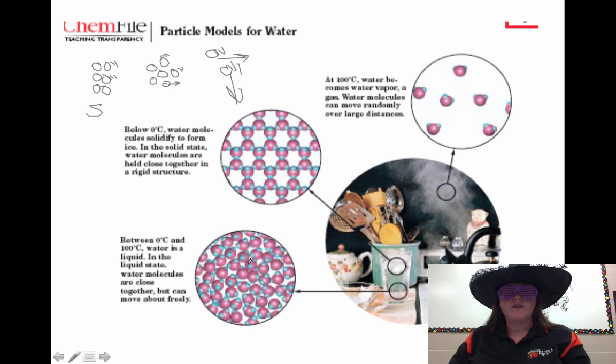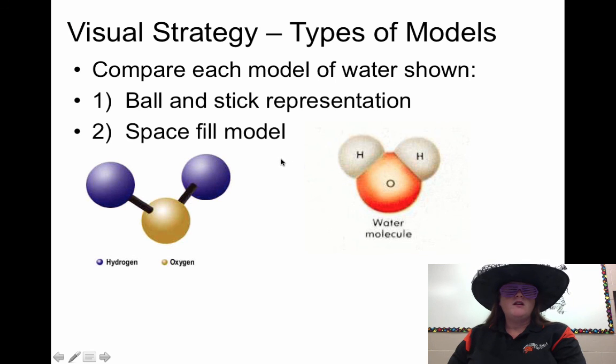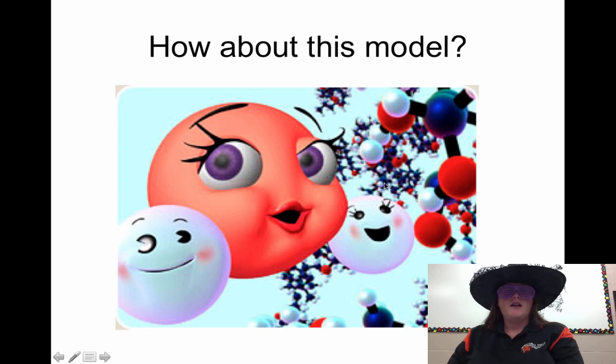So it's a unique substance, it results in water floating, and there isn't another substance like it in the universe. When we're looking at models, we can use the ball and stick model, which is commonly used. Another form that we see frequently is called a space fill model, and I think this model is just kind of cute, cartoony, and sometimes I like to do things like that.